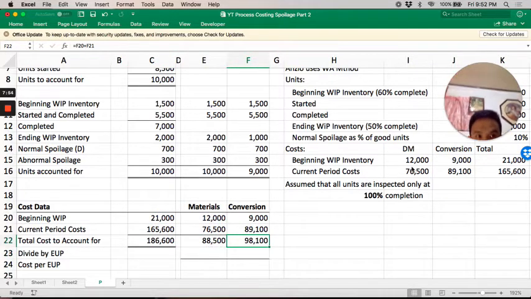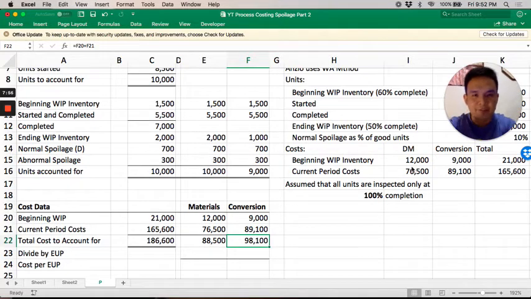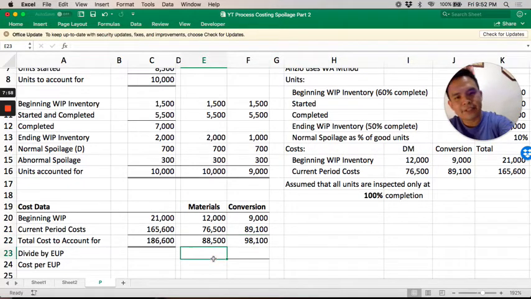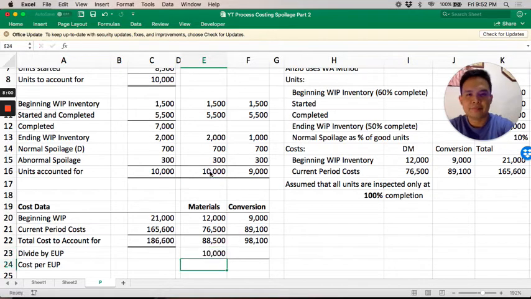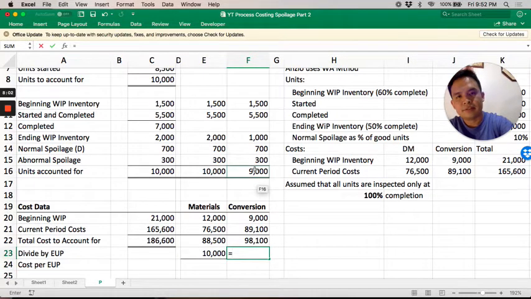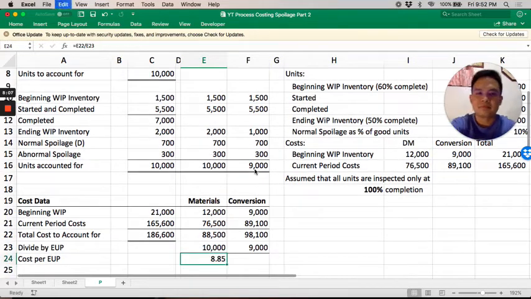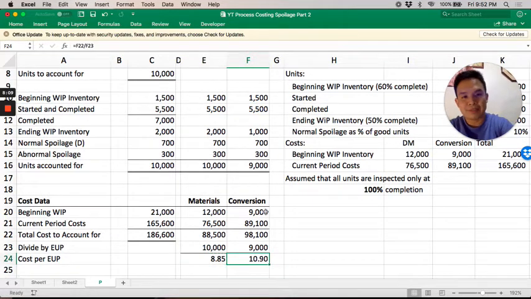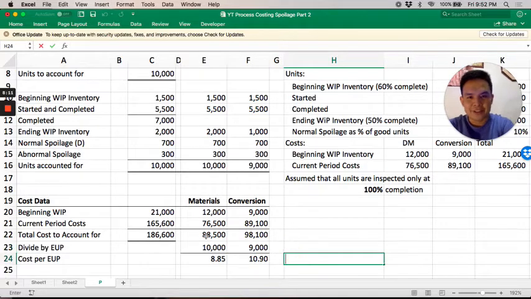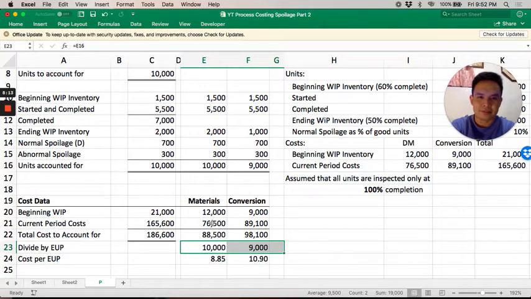Yan. I just plugged in the cost data galing sa given. Divide by the EUP. Same thing. So, sa cost data talagang pareho lang. Hindi pa lumalabas yung spoilage dyan eh. Kasi yung spoilage nasa loob naman ng EUP na nandito. So, computation is the same.